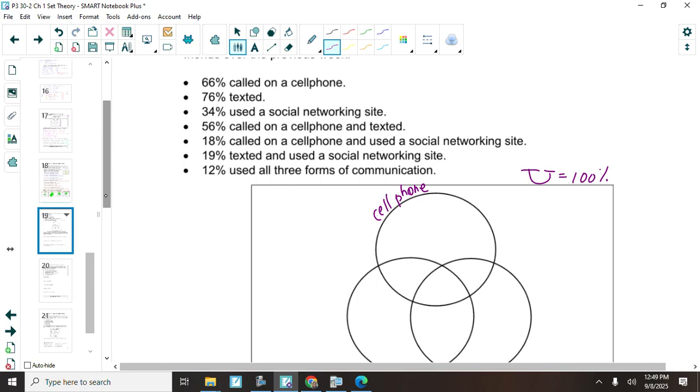So I'm going to do texted here. And my last one, social networking site.